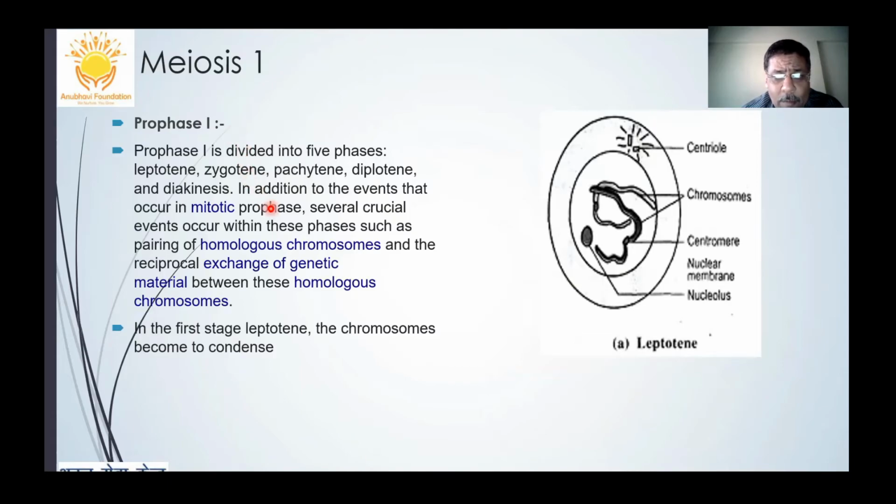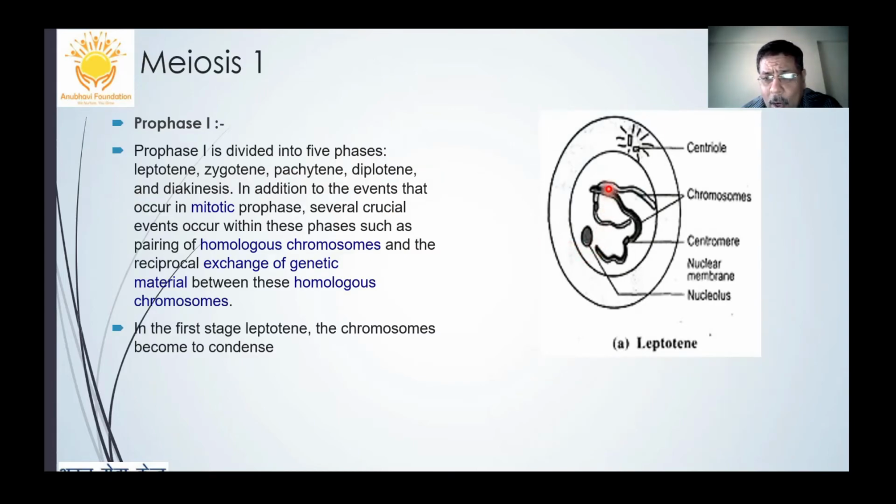prophase 1 is the first stage of meiosis 1, which is divided into five phases. Remember the names of the phases: leptotene, zygotene, pachytene, diplotene, and diakinesis, where along with the sister chromatids, there will be a crossing over between the homologous chromosomes.